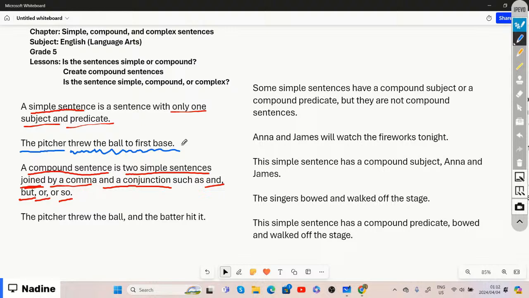A compound sentence is joined by a comma and a conjunction, which means that these two simple sentences are joined to make one sentence by adding a comma and a conjunction. The conjunction is either and, but, or so, and we use those words to connect or join the two simple sentences, right?